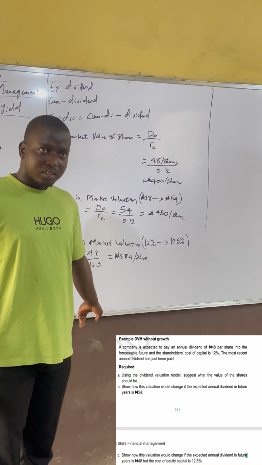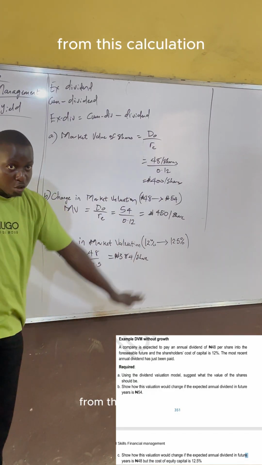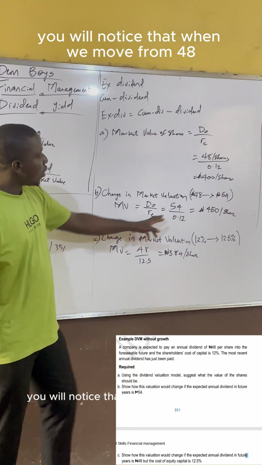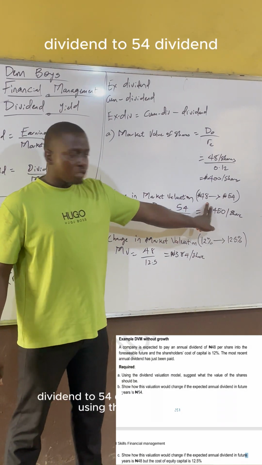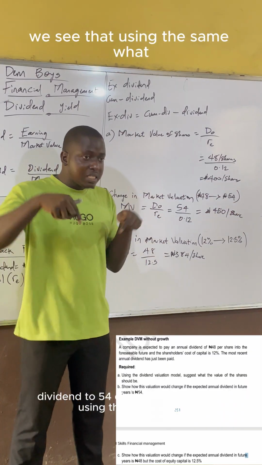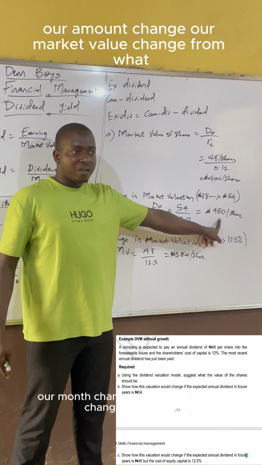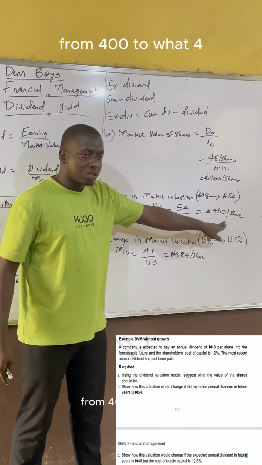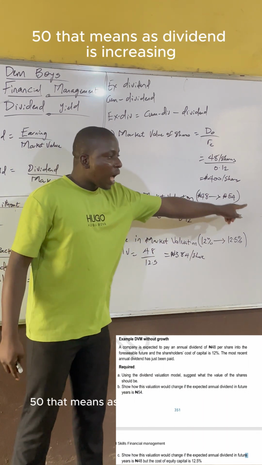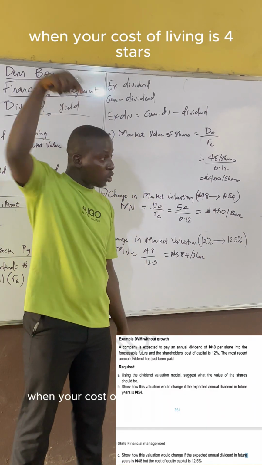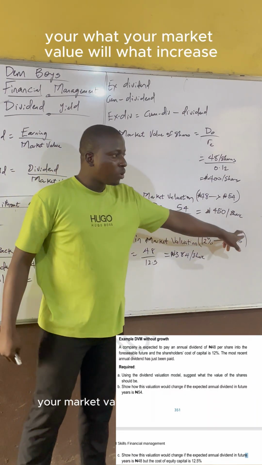From this calculation, you will notice that when we move from 48 dividend to 54 dividend, using the same cost of equity, our market value changes from 400 to 450. That means as dividend increases, when your cost of equity is constant, the market value will increase.